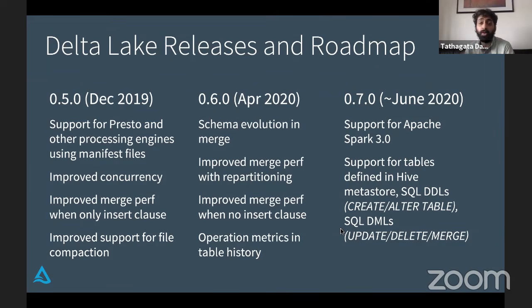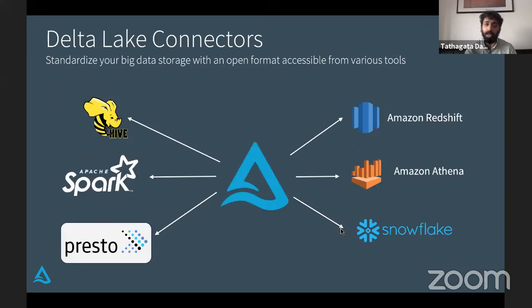In 0.7.0, we're going to release Apache Spark 3.0 support, which brings a whole list of features like SQL DDL support, SQL DML support, and support for defining tables in Hive Metastore. And this connector ecosystem is really growing. There's online documentation on how to use Delta Lake with Amazon Redshift, Athena, Presto, Snowflake, and Hive.